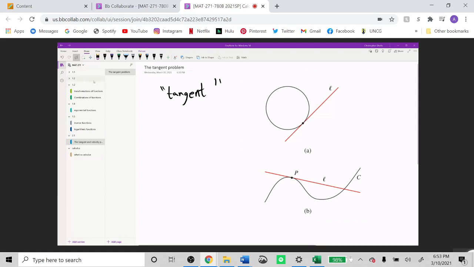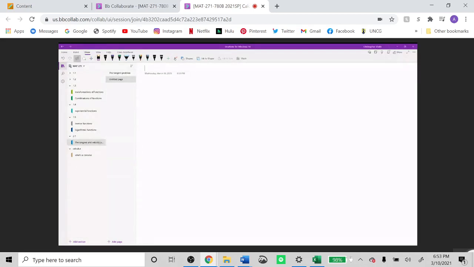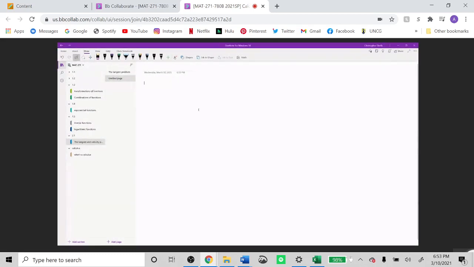Let's look at an example. Let's find an equation of the tangent line to the parabola y equals x squared at the point 1, 1. How should we do this?